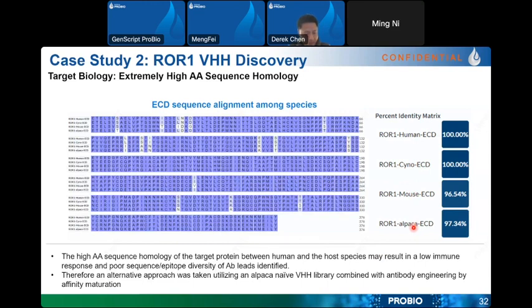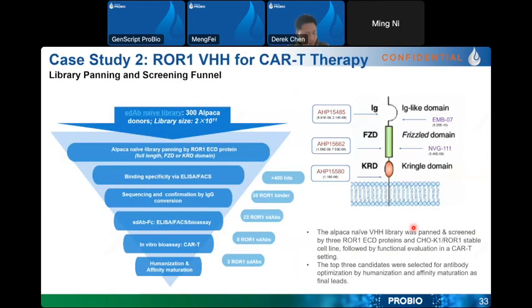It is unlikely to induce an immune response in these animals by immunization due to immune tolerance. To tackle this challenge, instead of alpaca immunization, we utilize the naive library approach for the antibody candidate identification.